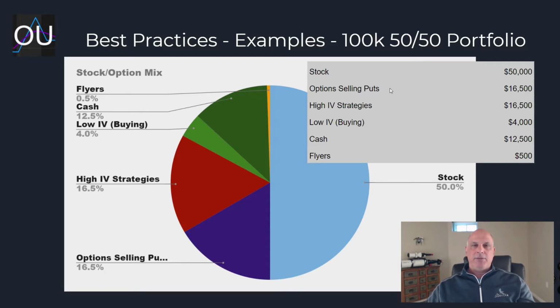So that's your selling put strategy. And again, this isn't a video on selling puts, but we would typically sell our 84% out of the money, or maybe like a 25 to 30 delta put.